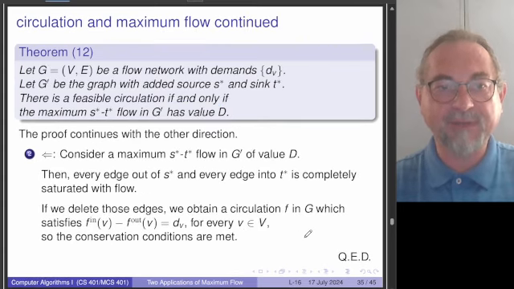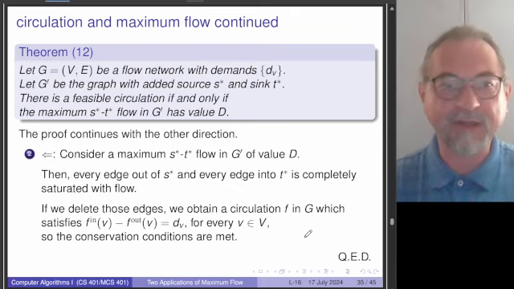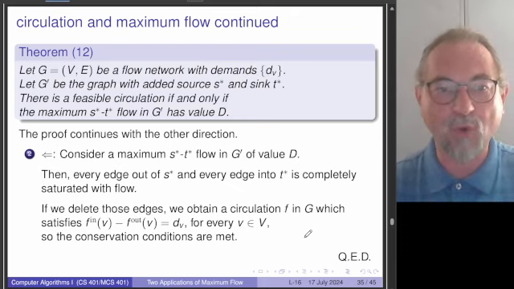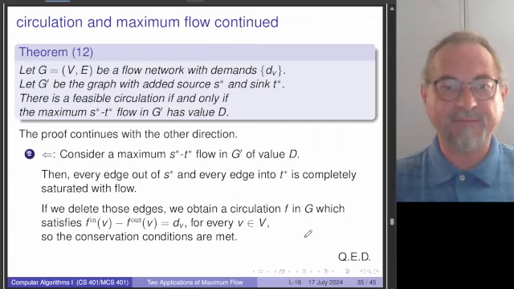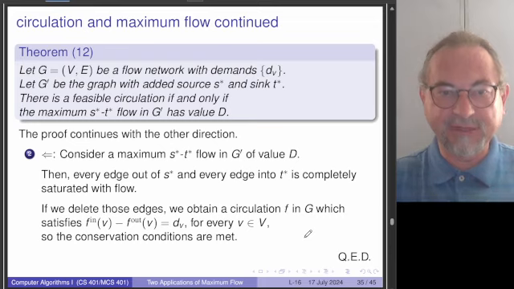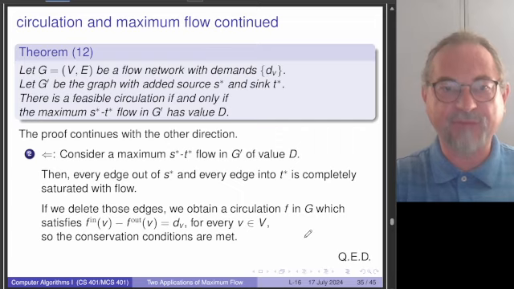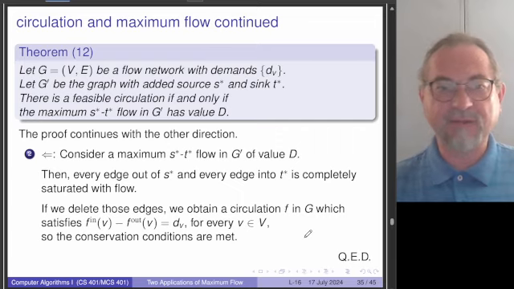All right, now look at the opposite direction. If we have a maximum flow, then we have a feasible circulation. If we look at the maximum flow with value D, it saturates every edge coming out of the source and every edge coming into the sink.